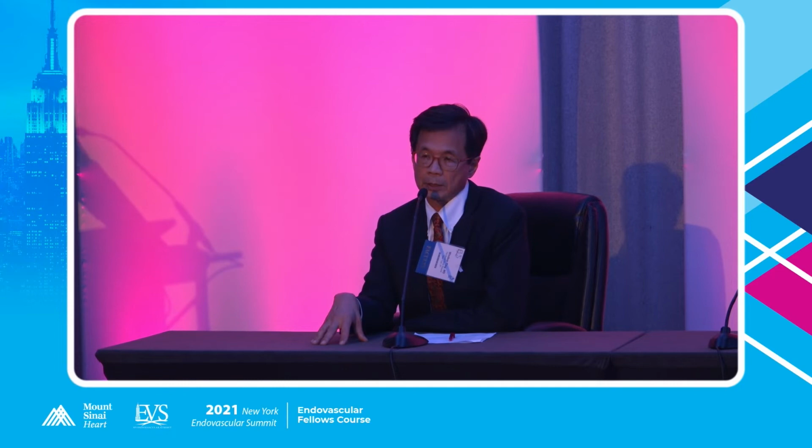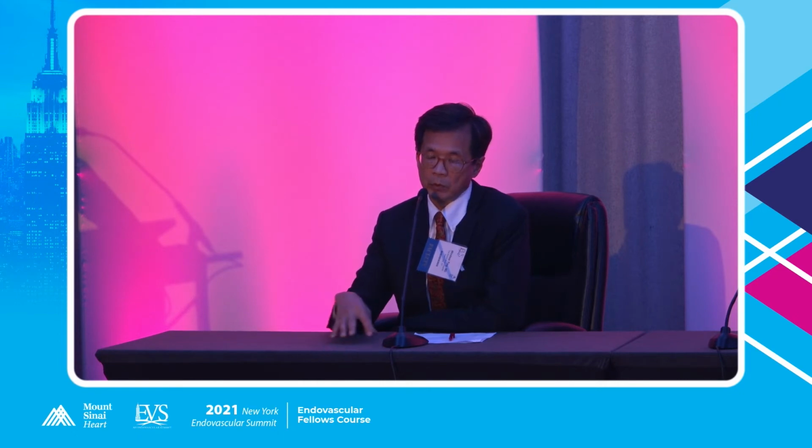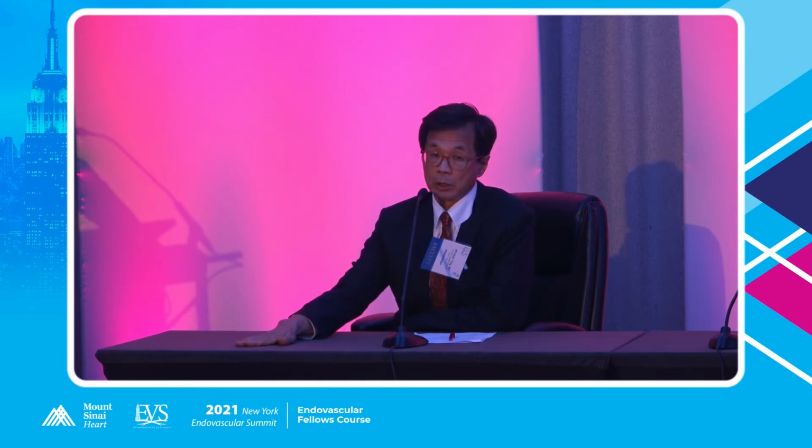So in the past, and to some extent even now, I will use an 18 millimeter Wallstent in a common iliac vein, and a 16 millimeter Wallstent in a female. In the external iliac vein, I almost always will put a smaller stent, a 16 for both man and woman. I look at the stents I've used over the years. I'm using fewer 18s now and using 16 for most of my cases. So 16 millimeter Wallstent.